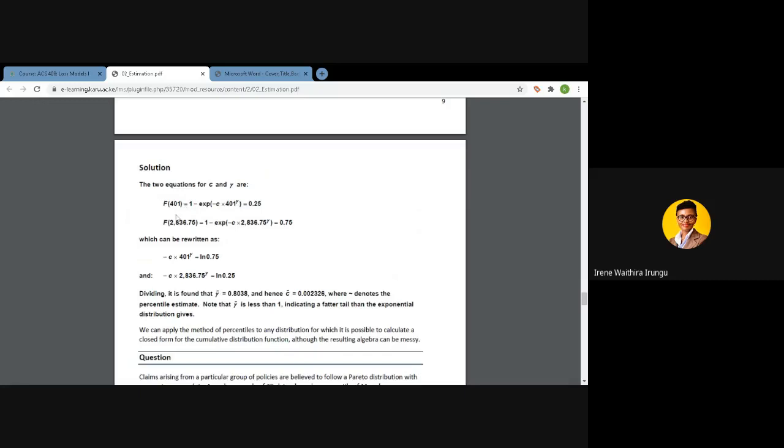And this CDF simply represents the probability that my random variable X, which in this case represents claim severity, the average cost of claims, is less than or equal to the first quartile, and that should be equivalent to my 0.25.